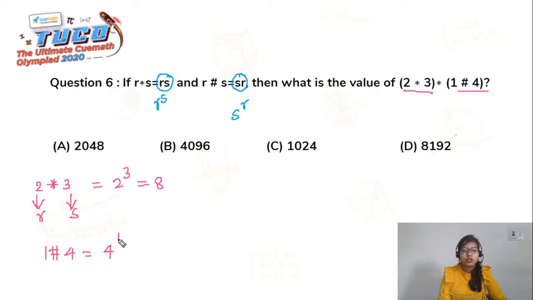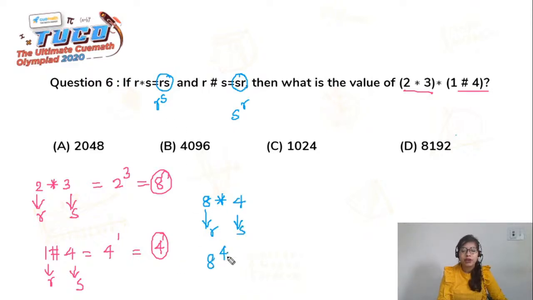So I could say this is 4 to the power of 1, with this as R and this as S. So this is going to give me a 4. Correct? Now there is a star between these two results as well. So when we take the star of these two, 8 star 4, this is again following S to the power of R, with this as R and this as S. So R to the power of S will become 8 to the power of 4.